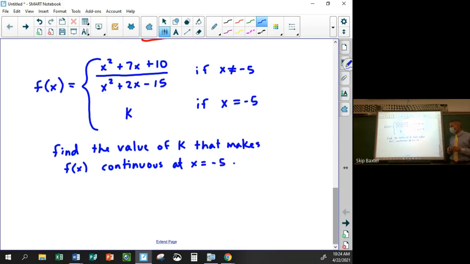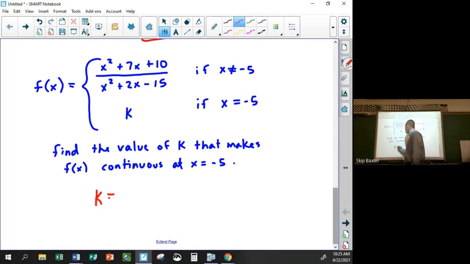Well, in order for it to be continuous at x equals negative 5, f of negative 5 has to exist, which it is. It's k. The limit has to exist, which we have to evaluate that. And then the limit has to equal f of negative 5. So essentially, this just has to equal whatever the limit as x goes to negative 5 is of this function. Does that make sense?